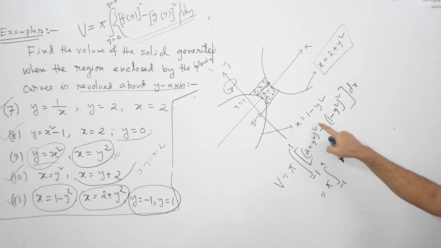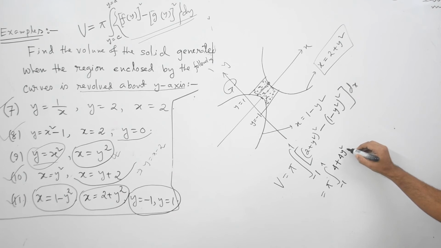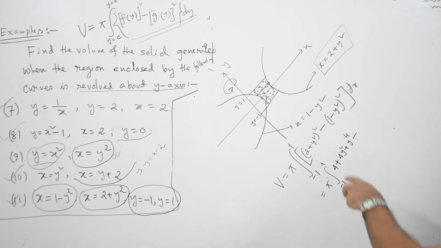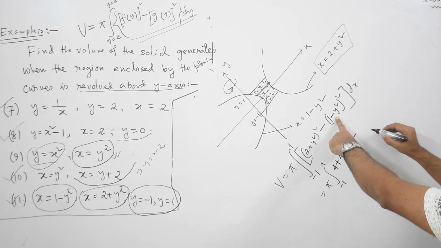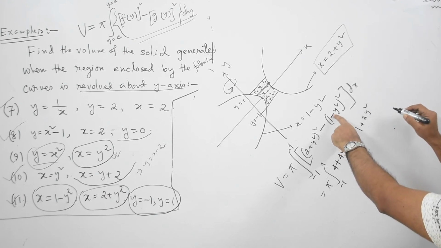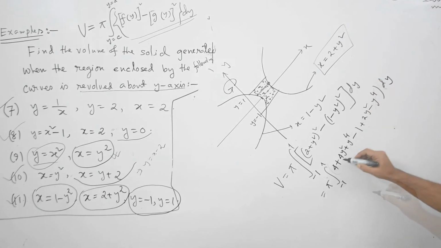2 plus y square, whole square, will be 4 plus 4y square plus y to the power 4, minus 1 minus 2y square. So it will be 1 plus 2y square plus y to the power 4, minus y to the power 4, dy.